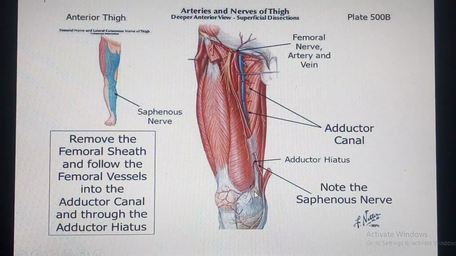Then the structures in the femoral triangle, in the anterior compartment of the thigh, will get to the posterior compartment of the thigh, and then even get to the posterior compartment of the leg. They will have to go through a tunnel known as the adductor canal, and it will exit via what we call the adductor hiatus. So there could be entrapment in there, and there could be anesthesia application over there, so that we can help in that regard.